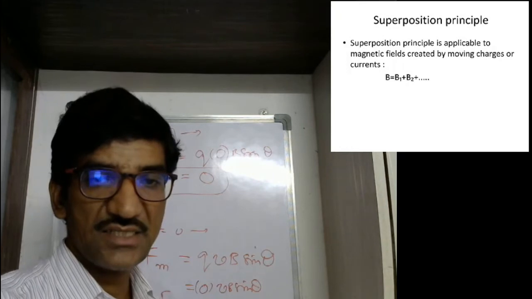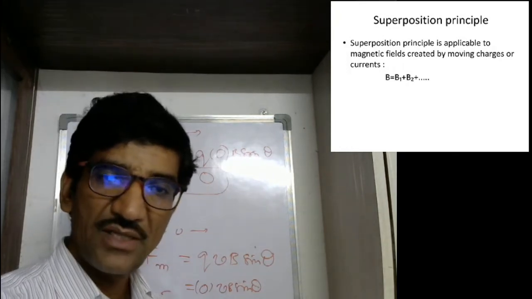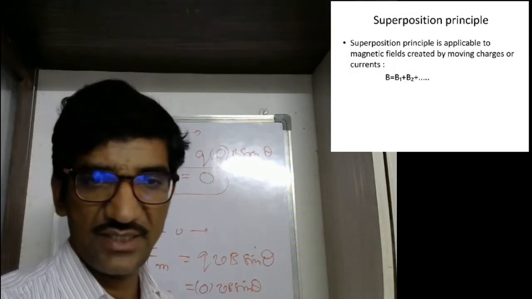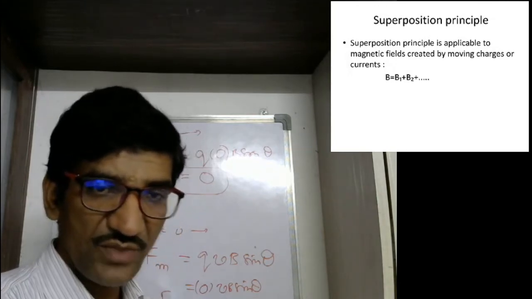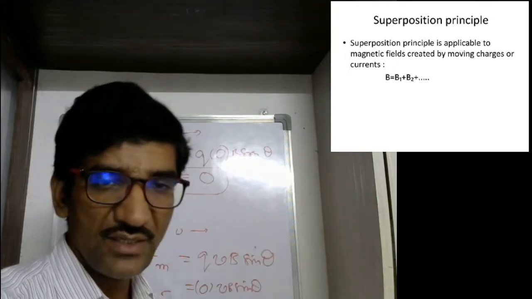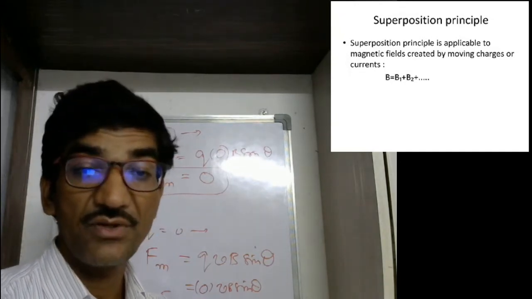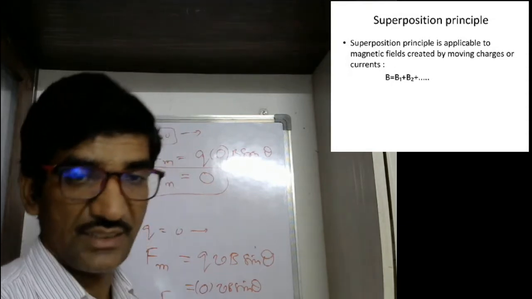A stationary charge cannot, irrespective of the external field, induce a magnetic field. If these charges are moving steadily along a conductor, then they will create a magnetostatic field. This you have to remember. It is a very important thing.